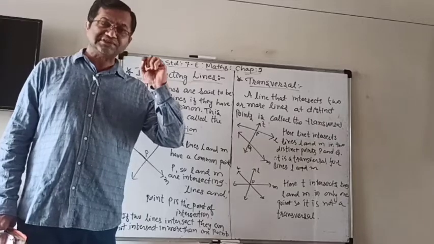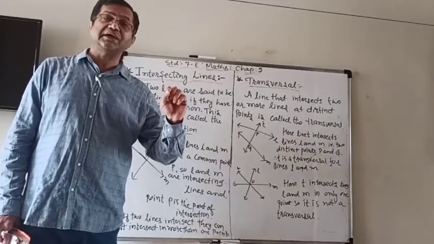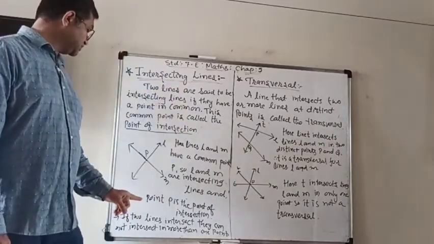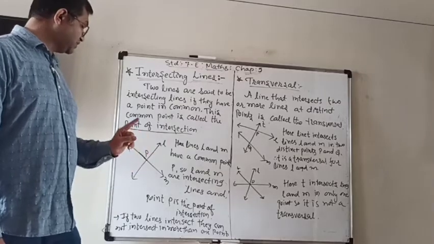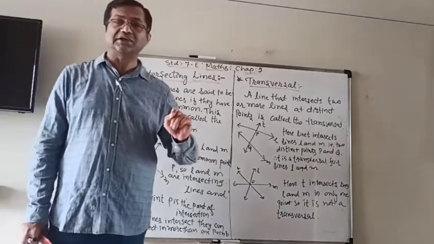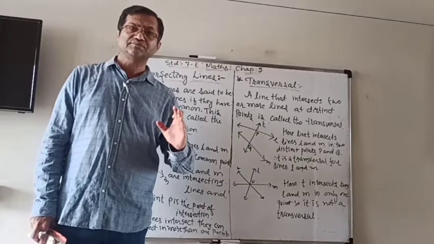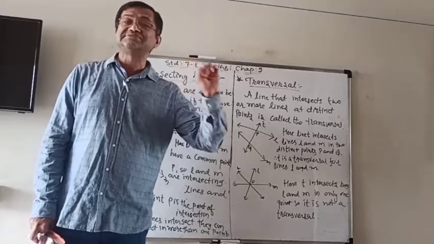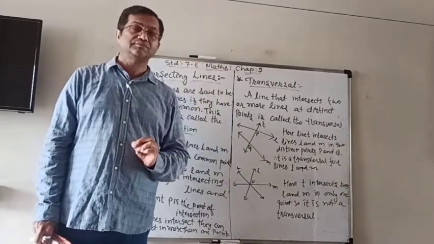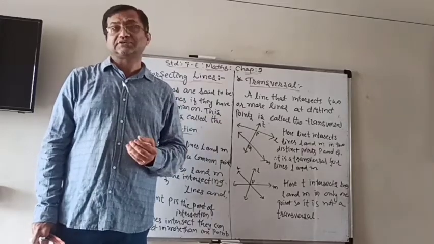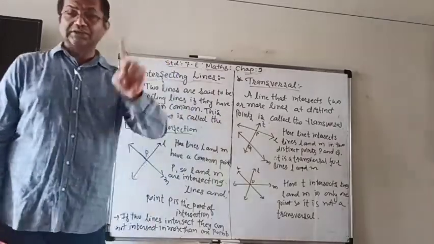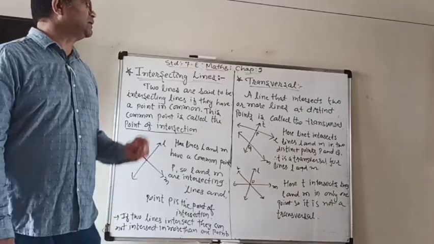They cannot intersect in more than one point. It means that if they intersect, then they must have only a single common point, or they will not intersect. So if they intersect, they have only one common point.